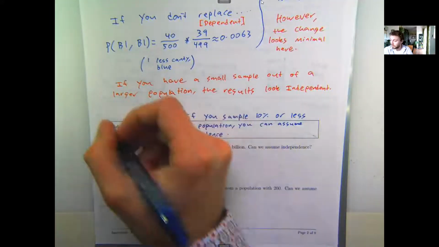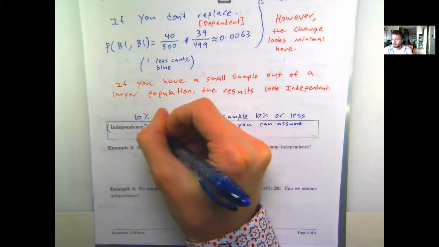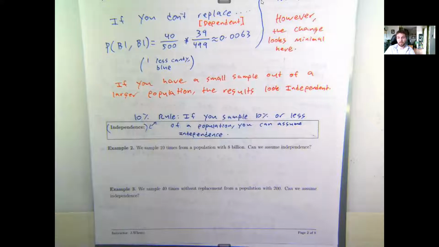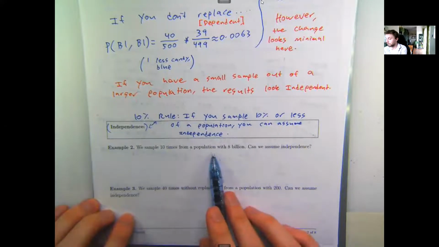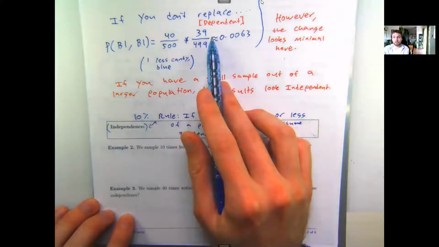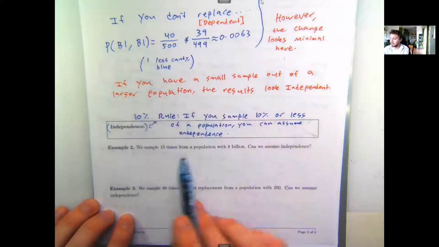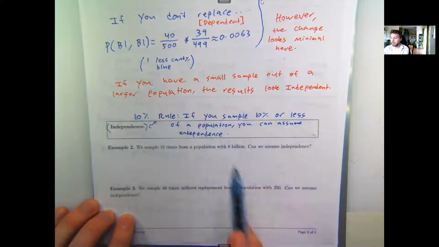That's a pretty big win because checking independence can get kind of tricky and messy. So this independence is now just a way we can check with this 10% and vice versa. So assuming you have a small enough sample, you can assume independence between trials. That makes things pretty clean. So for example, if you sample 10 times from a population with 8 billion, I don't have to worry about changing my numerators and denominators in this case. 10 is a small sample from a large population.